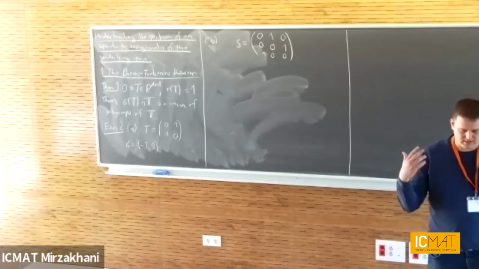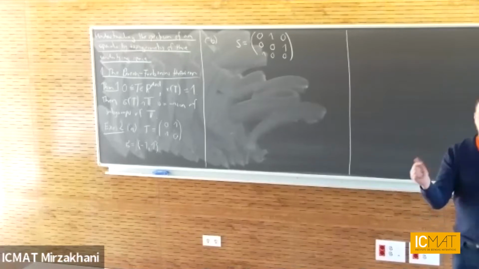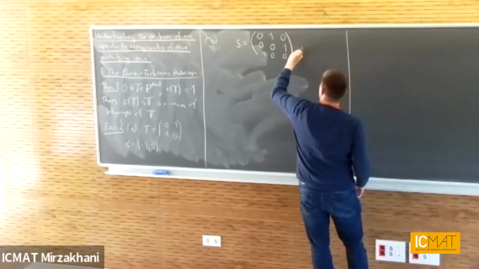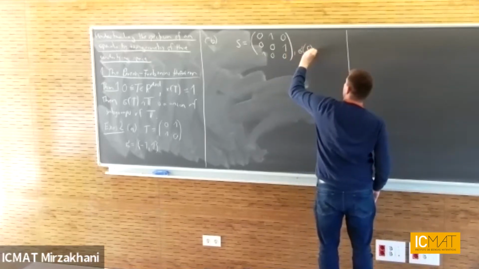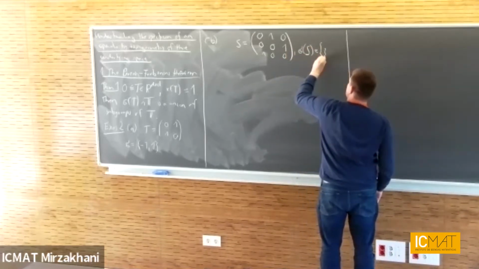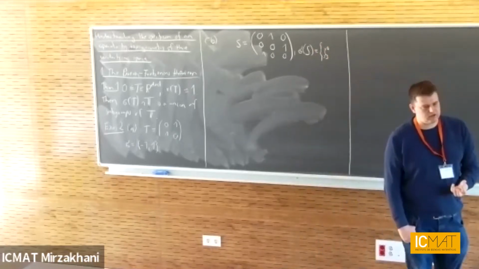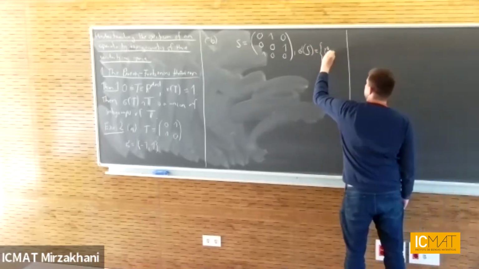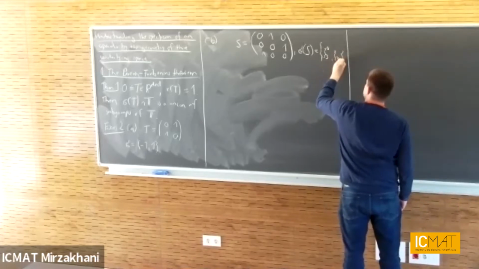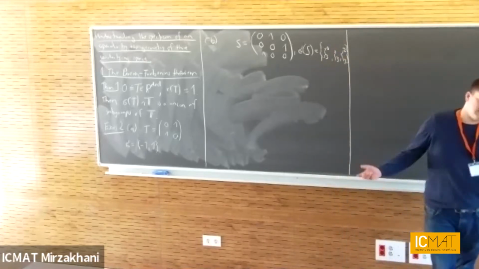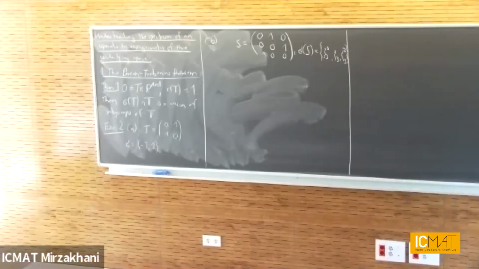Now the spectrum has 3 numbers, namely all 3 roots of unity, right? So the spectrum here is, if I call the first root of unity psi 3, then it's psi 3 to the power 0, which is 1, and then it's psi 3 itself, and then it's psi 3 squared. And this is indeed a subgroup of the unit circle with 3 elements.